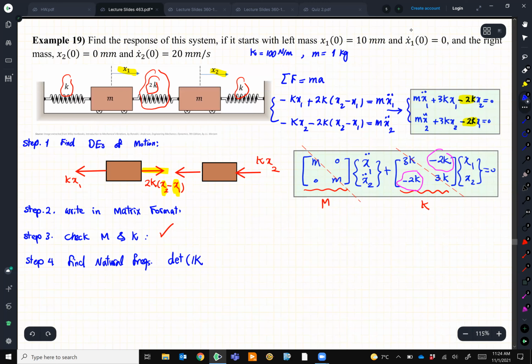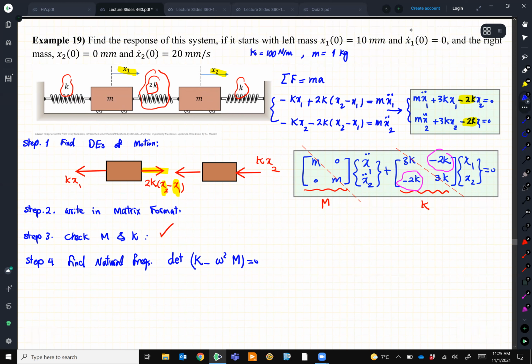Let's put one extra line next to them so you know when I'm writing K and M, I mean the matrix. Oh no, that's misleading. Forget that, it was a bad idea. So capital K and capital M.